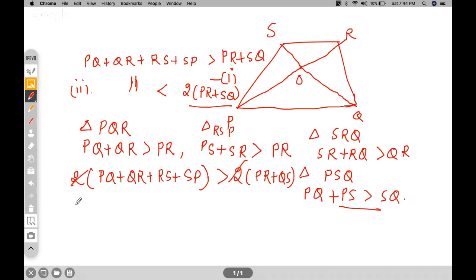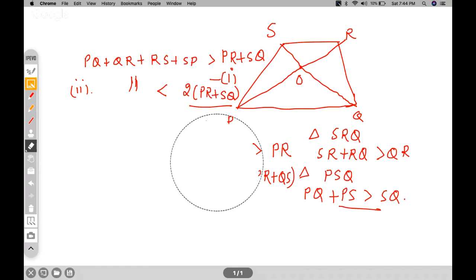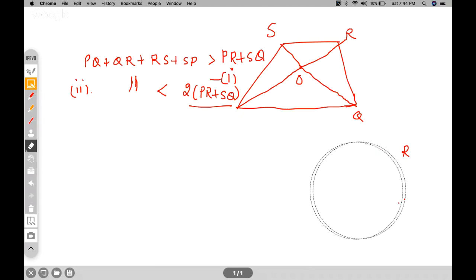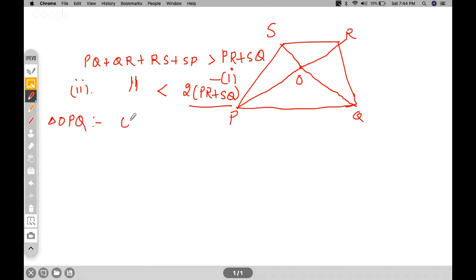Now the next thing that I need to prove is the second one. So you look at here. Now let's take these smaller triangles. Let's take triangle OPQ. In triangle OPQ, OP plus OQ is greater than PQ.